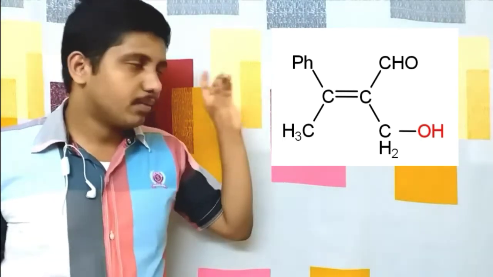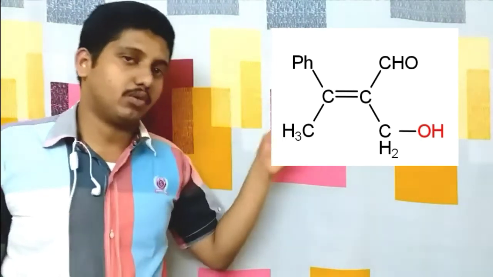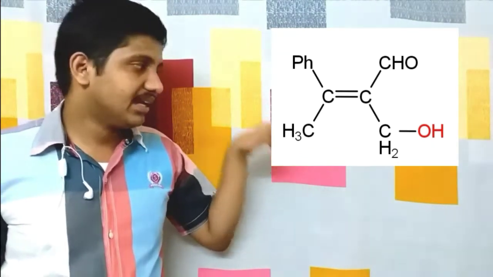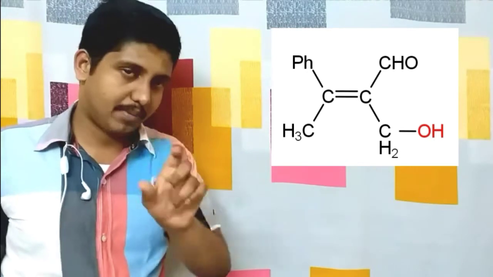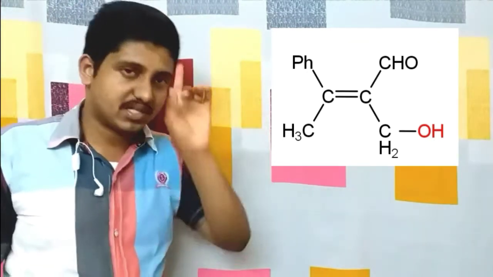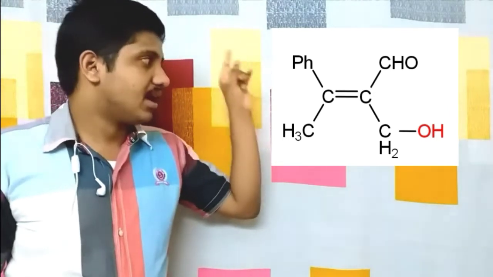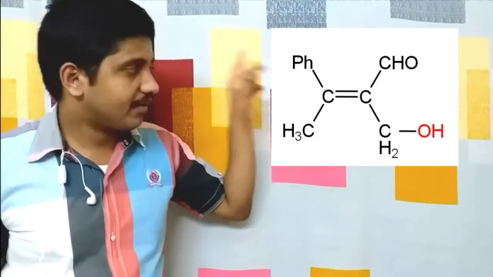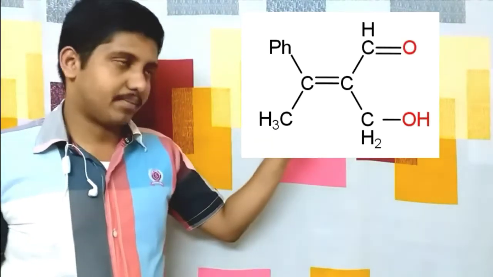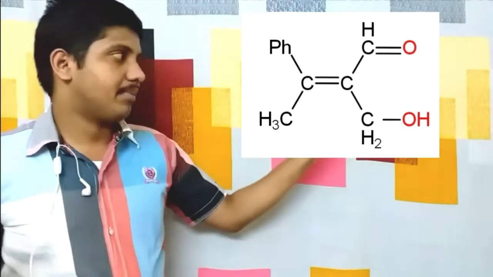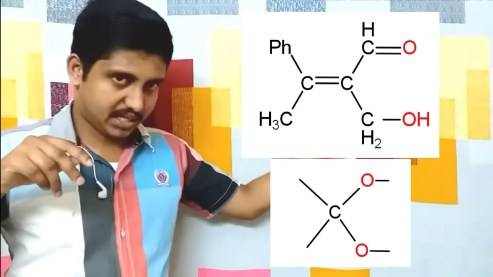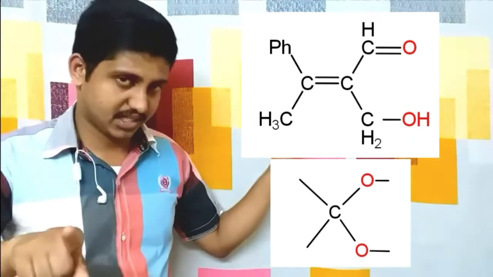We have to assume the second rule, that is if the other group is also linked to this double bond through a carbon atom, then we have to assess it in such a way that this C double bond O in our CHO is considered such that this directly linked carbon atom has two bonds with the oxygen atom and one bond with the hydrogen atom.